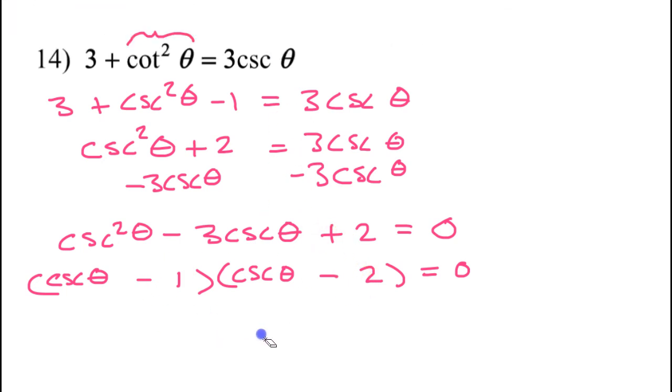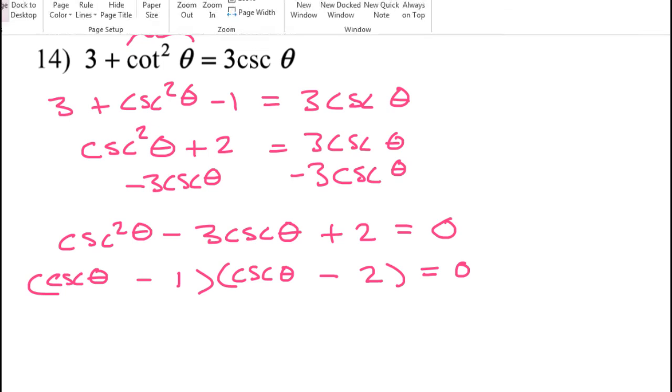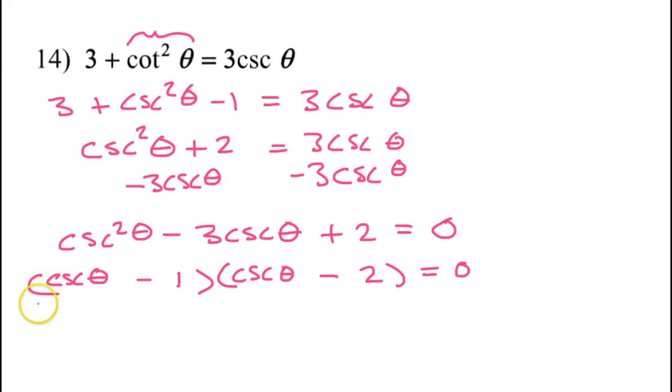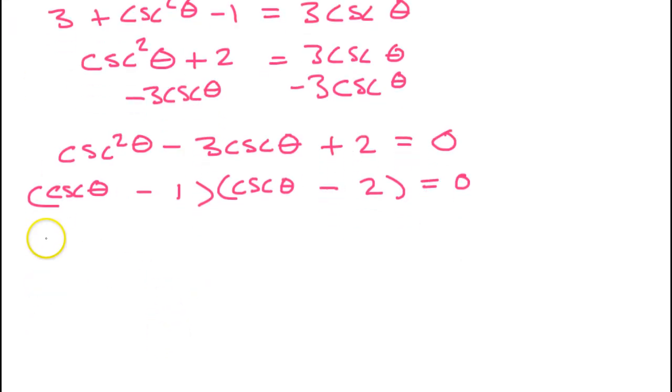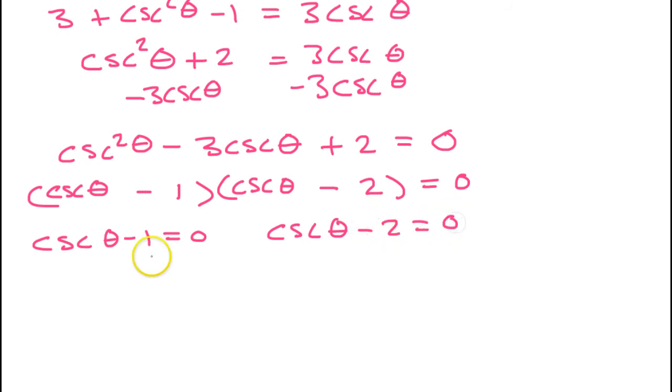So I'm just going to erase this to get it out of my way. So now that we have factored it, we can set each of these factors equal to 0. So we will have cosecant theta minus 1 equals 0, and cosecant theta minus 2 is equal to 0.